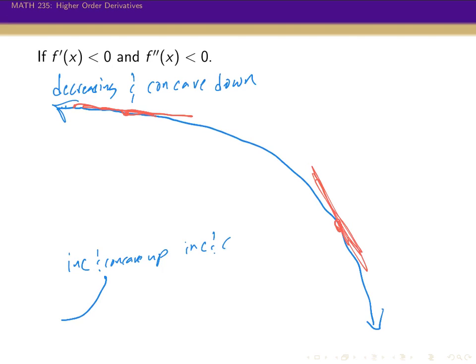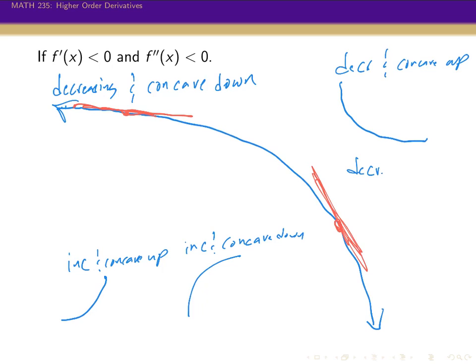Increasing and concave down looks like that. Decreasing and concave up. So decreasing and concave up means it's very negative and flattens out. And then last but not least, decreasing and concave down, which is what we just had.